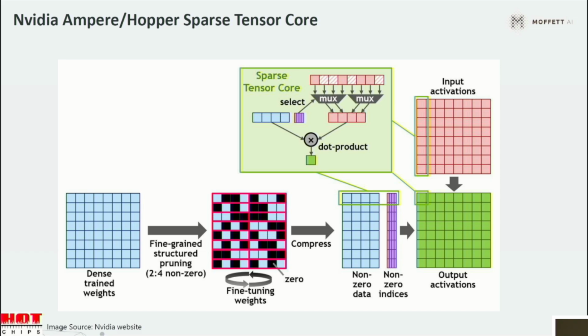This is a little bit of the microarchitecture: you use the index to select the input activations and then do the dot product operations.